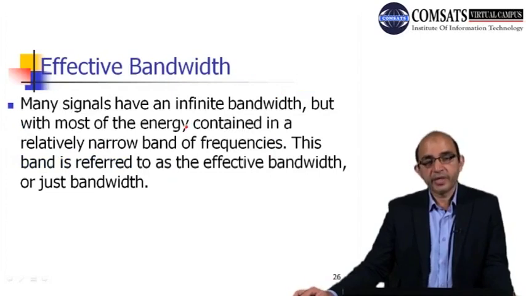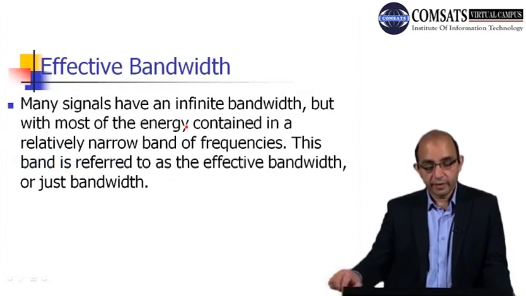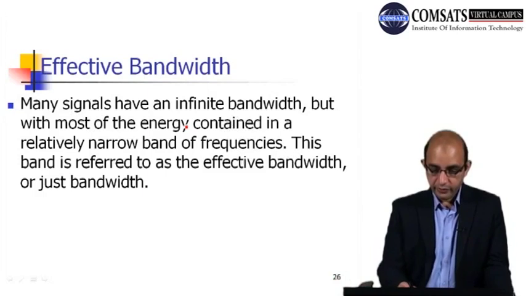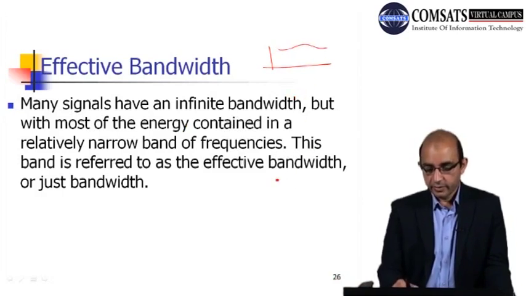As we have mentioned, many signals have infinite bandwidth. How? If I have a signal over here, with time on one axis and amplitude on the other, I will move into the Fourier domain.